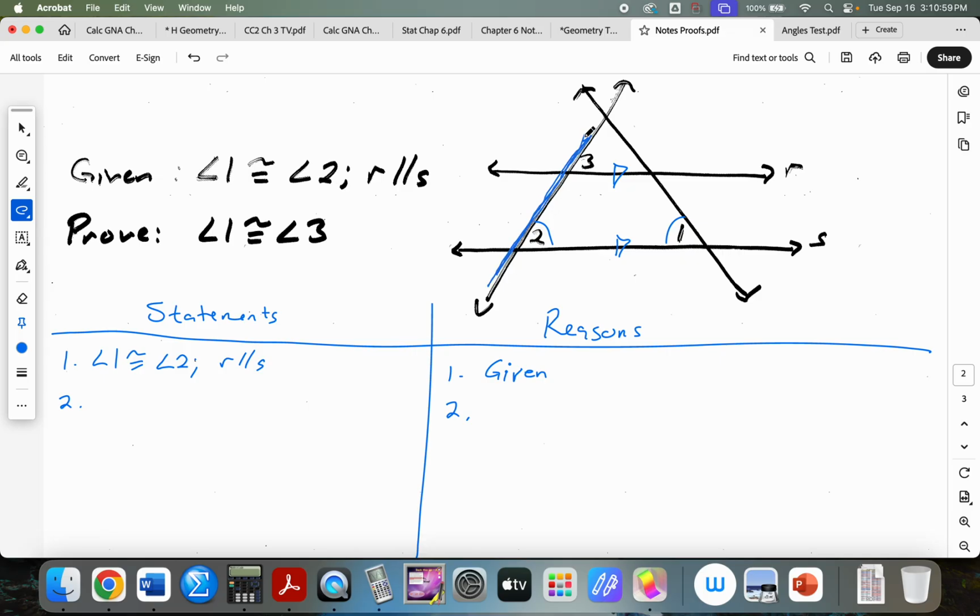Is that transversal crossing parallel lines? Yes. So then what do I know about the corresponding angles? They're the same. What is the geometry word for that? We have to use congruent. So angle 2 is congruent to angle 3.